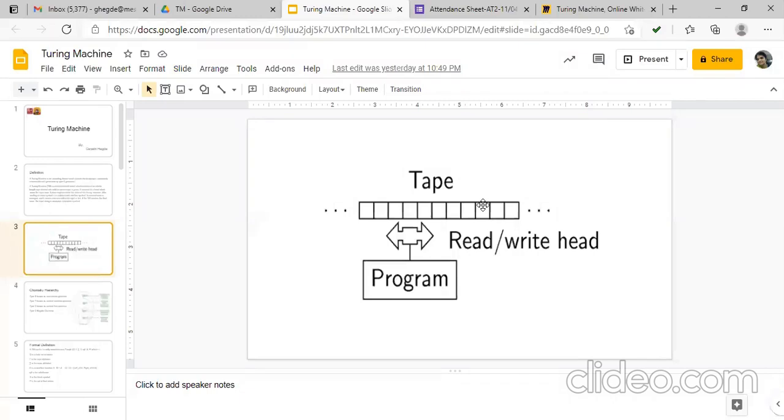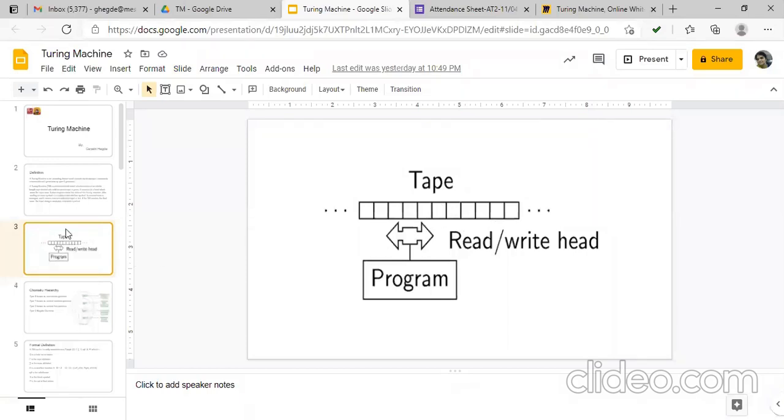Here you have a tape which can be increased in both directions infinitely, and it has a head which can move in any direction, left as well as right. And what is the operation of the head? It can read as well as write on the tape.